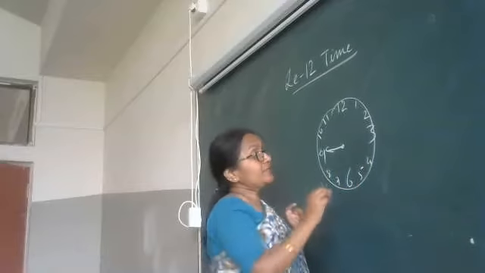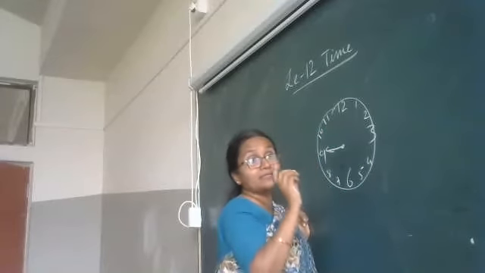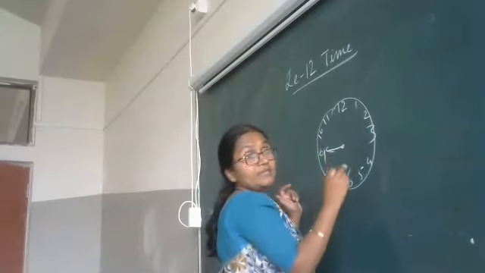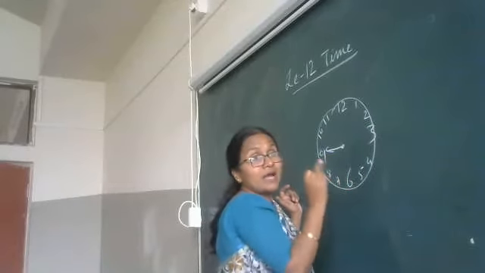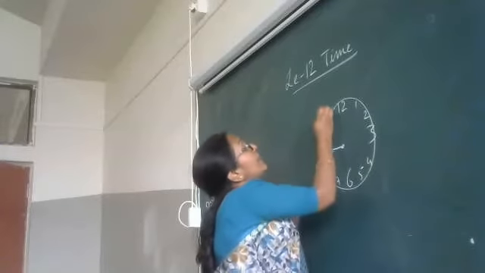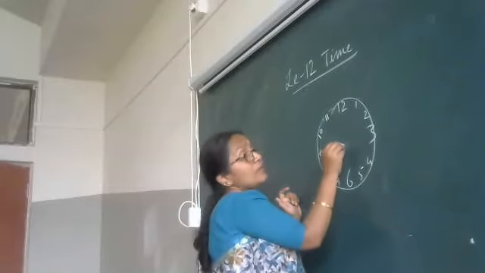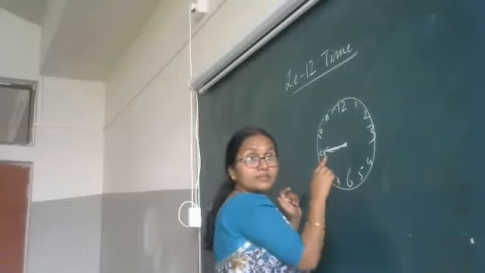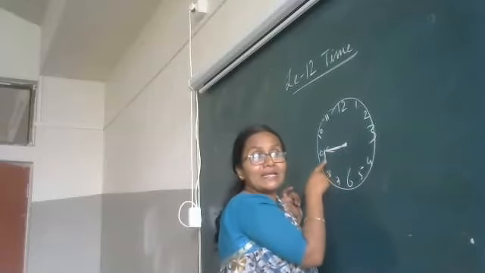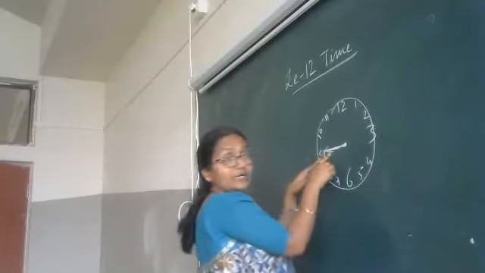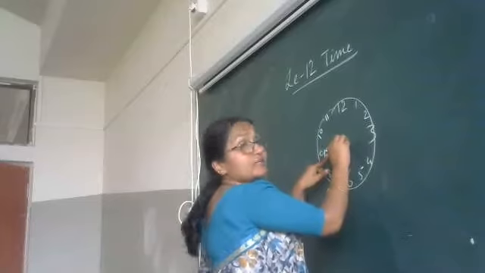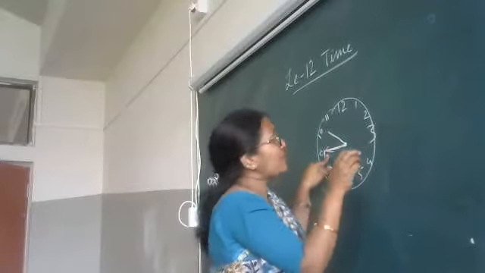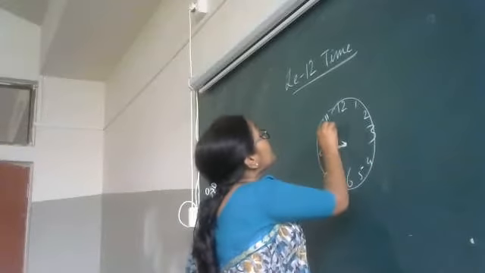And the short hand, that is the hour hand, will be between 10 and 11, as I showed you at 30. The hour hand will be near the next number.